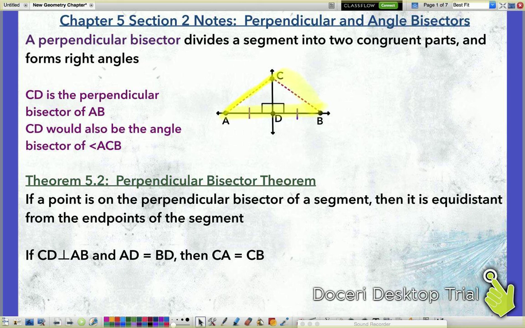Okay, so theorem 5.2 says if a point is on the perpendicular bisector of a segment, then it's equidistant, or equal distance, from the endpoints of the segment. So AD would be congruent to BD, and CA would equal CB.